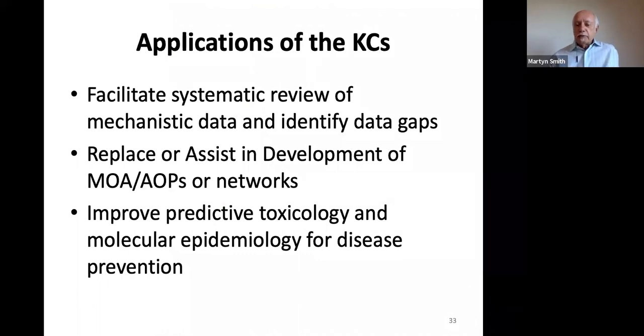It may replace or assist in the development of MOAs and AOPs and networks. And as I mentioned, it may actually improve predictive toxicology and molecular epidemiology for disease prevention if we can develop the appropriate assays and biomarkers to measure them.